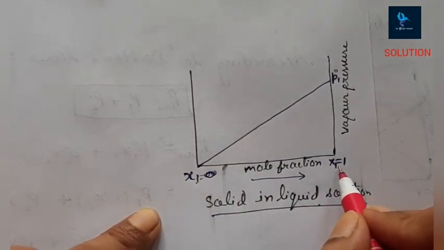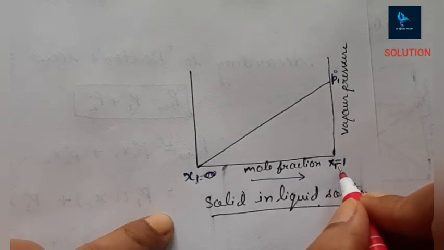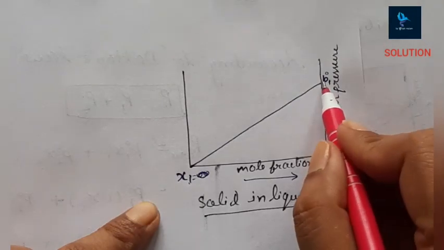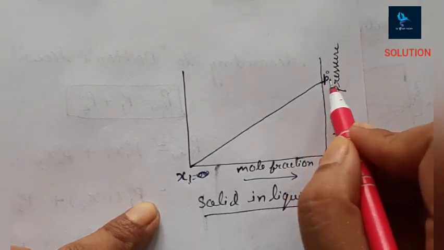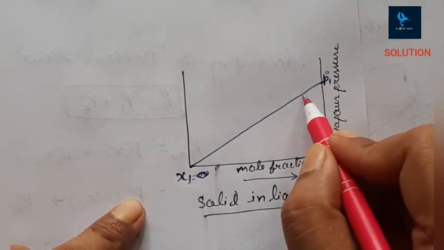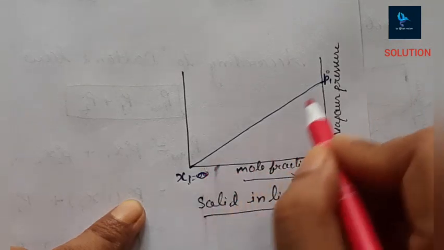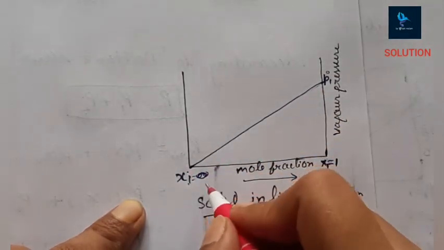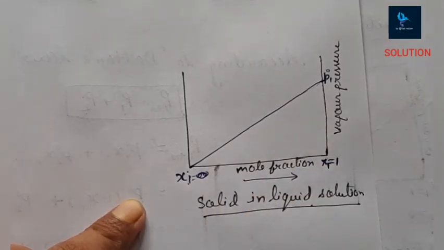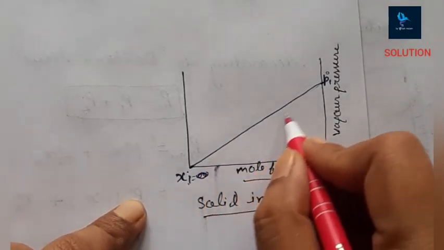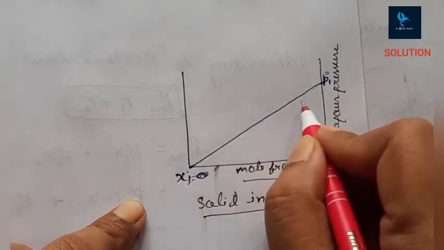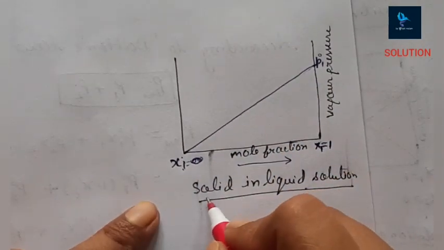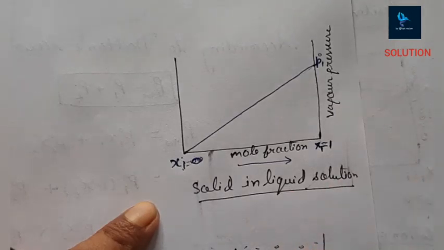Here, with more x1, the mole fraction is greater, so they form the vapor pressure, and as we move here, this vapor pressure decreases. So here we get a linear graph because this is a solid in liquid solution.